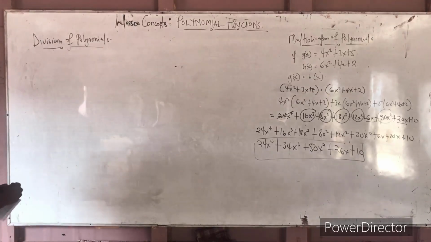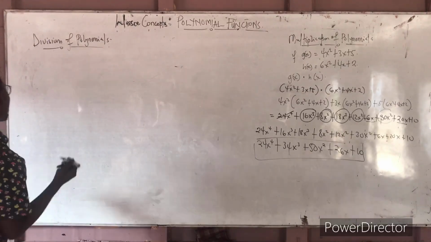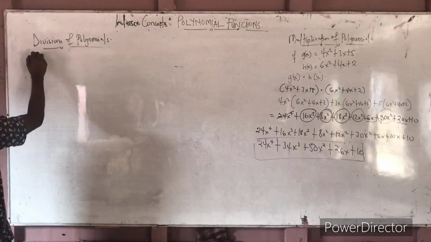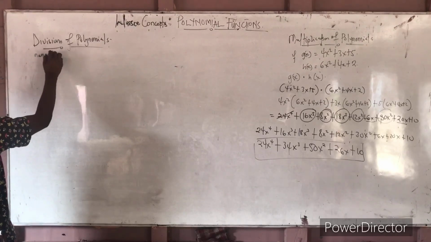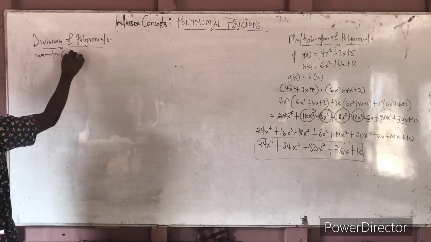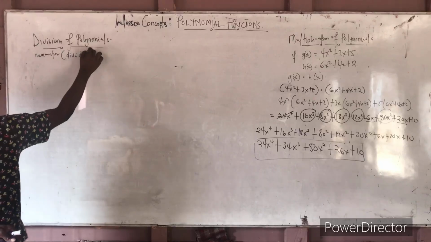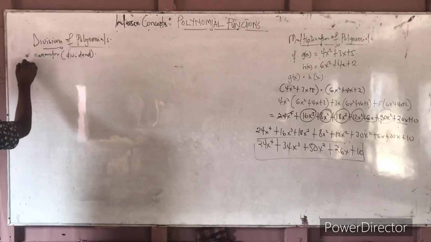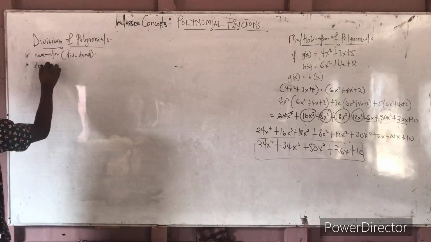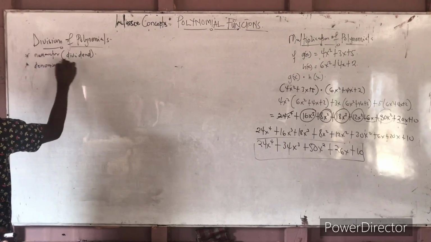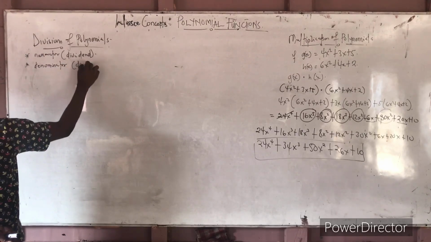Okay. Now with the division of polynomials, we know that in every polynomial division you have a numerator, which is also known as the dividend. And we have the denominator, which is also known as the divisor.